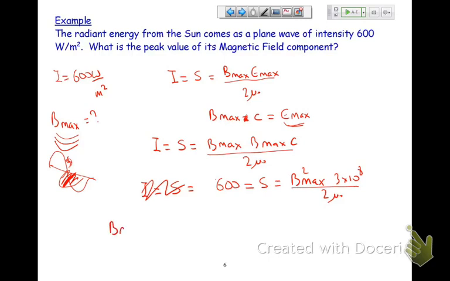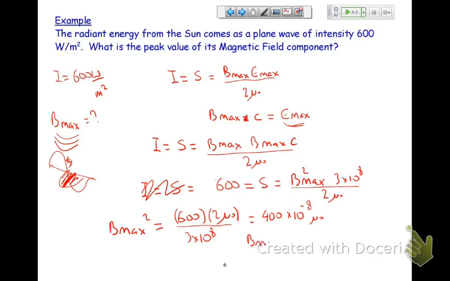So Bmax squared is equal to 600 times 2 mu naught, taking that to the other side, over 3 times 10 to the 8, which equals 400 times 10 to the minus 8 mu naught.